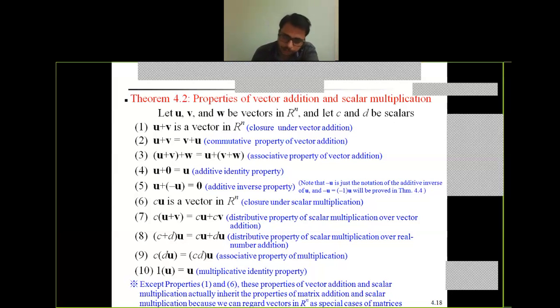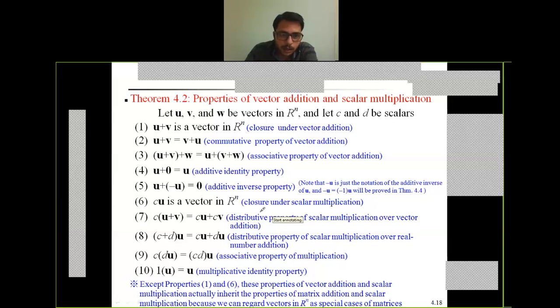Now we will not go further in this slide, but what I want to convey at the end of this lecture is that you have to understand the zero vector. For that, I'll annotate directly.